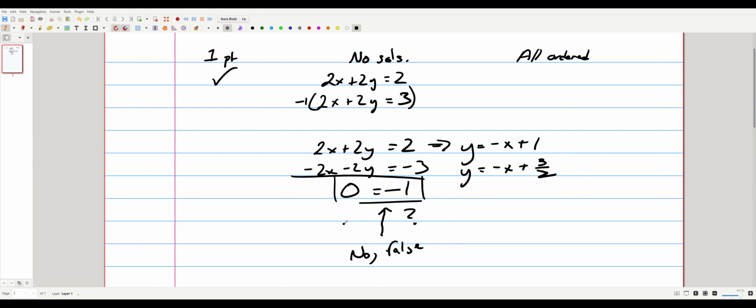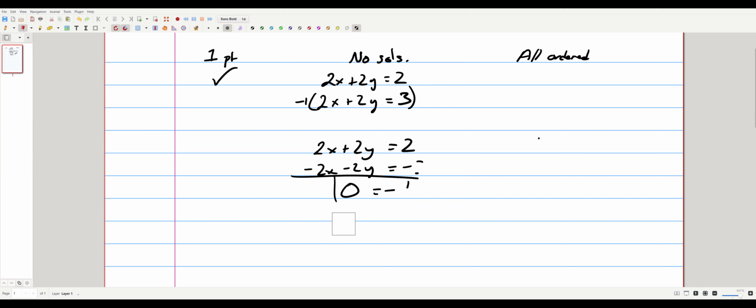So you can see that these lines have the same slope, right? They have a rise over run of negative 1, but their y-intercepts are different. So two lines that have different y-intercepts, one at 1, one at 1.5, that rise and run at the same rate, are going to be parallel lines, and of course these are never going to intersect, which is why we have no solutions, and it gives us a contradiction, a statement that is never true no matter what x's and y's we choose. Okay.